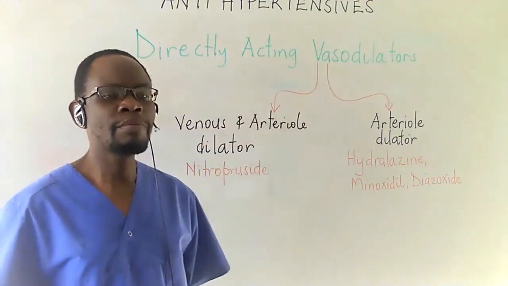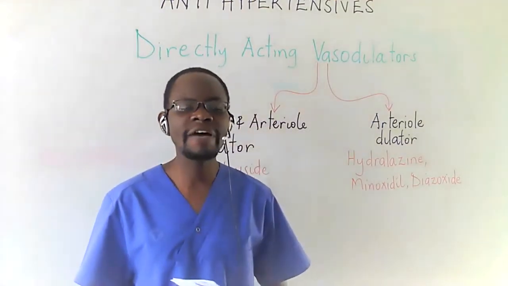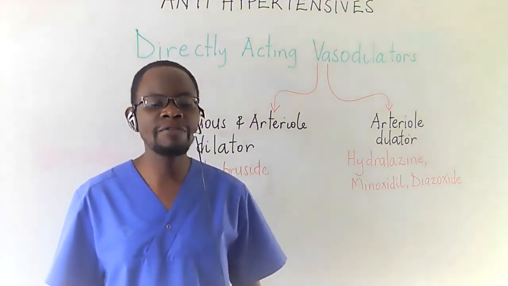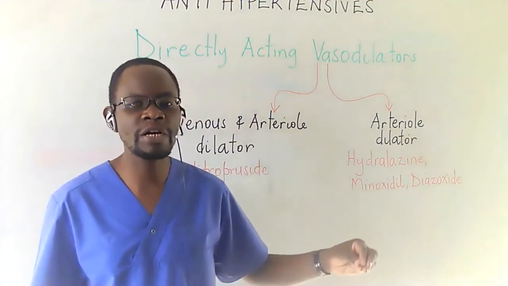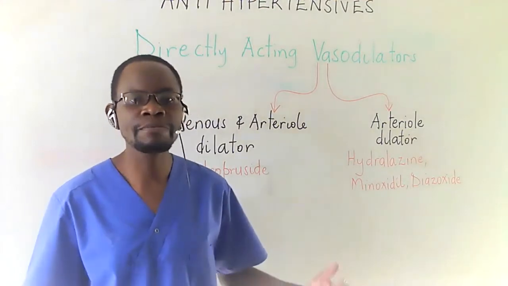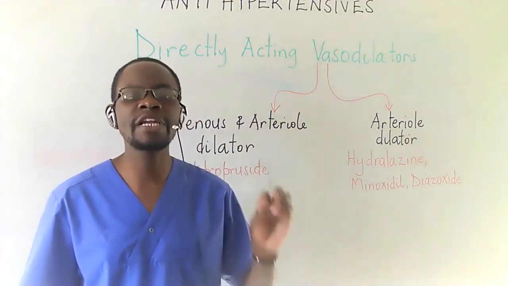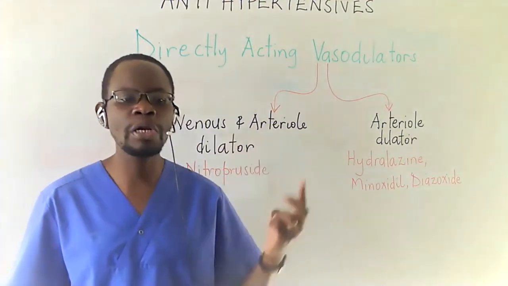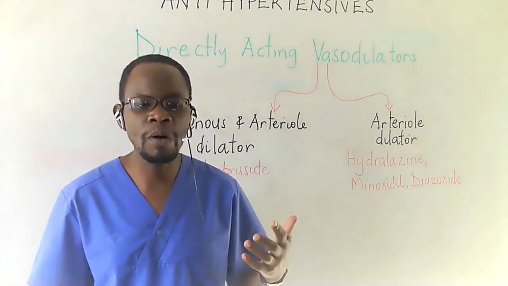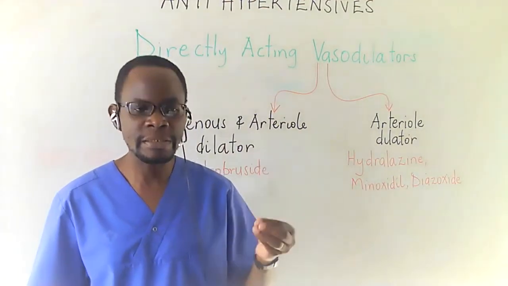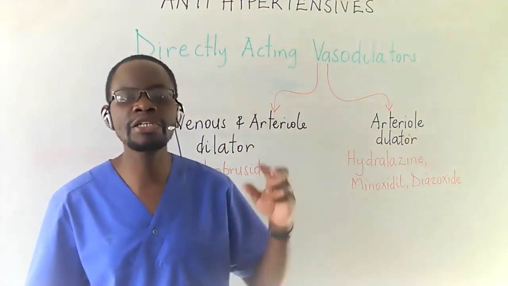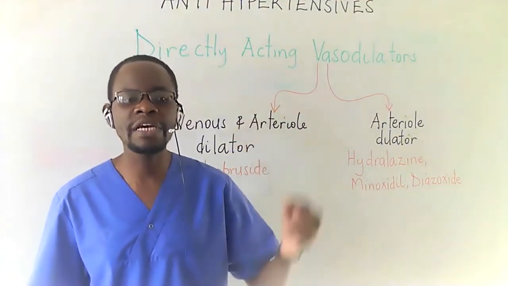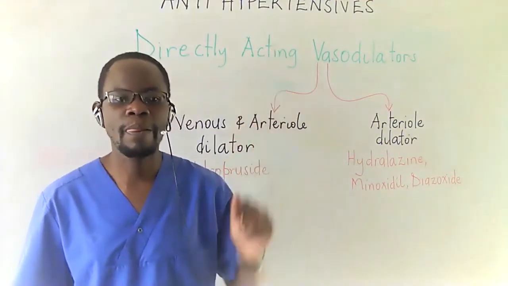Remember, if you have vasodilation, especially on the venous side, then you will have a decrease in preload. Once you have a decrease in preload, you will have a decrease in stroke volume, and eventually a decrease in blood pressure.